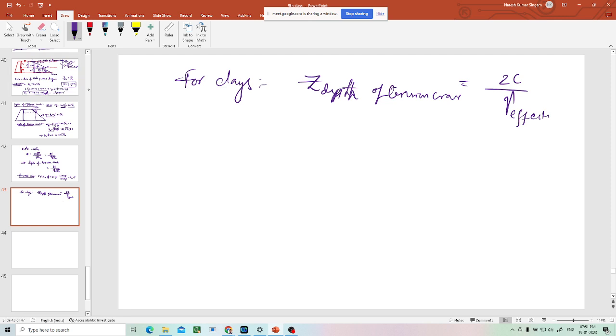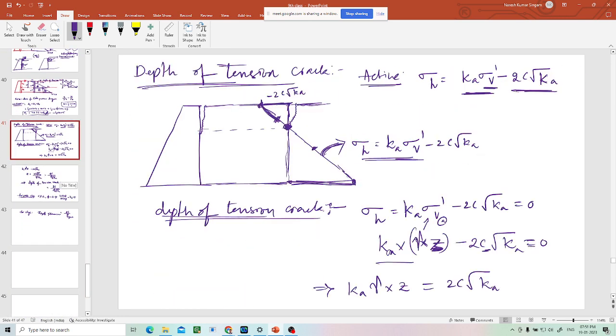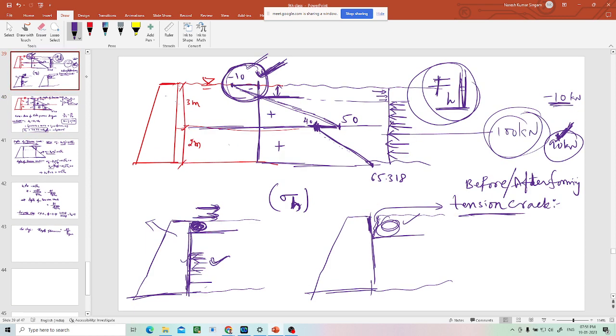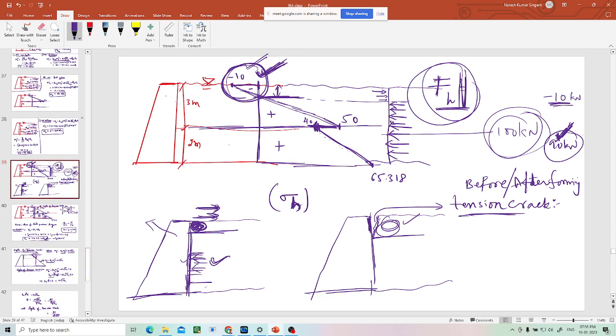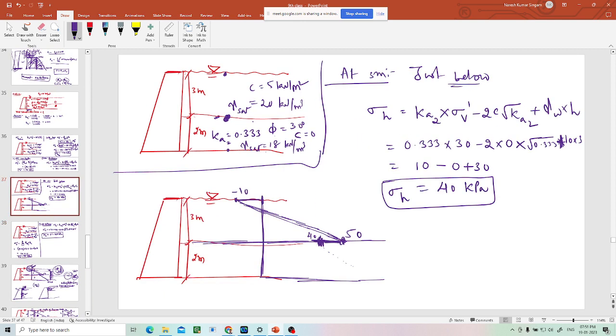From here we can derive this. Where were we? I calculated this using the triangle method. So how do you calculate now? This is in the top layer, so the top layer formula will go. In the top layer, till 3 meters, what is the equation?